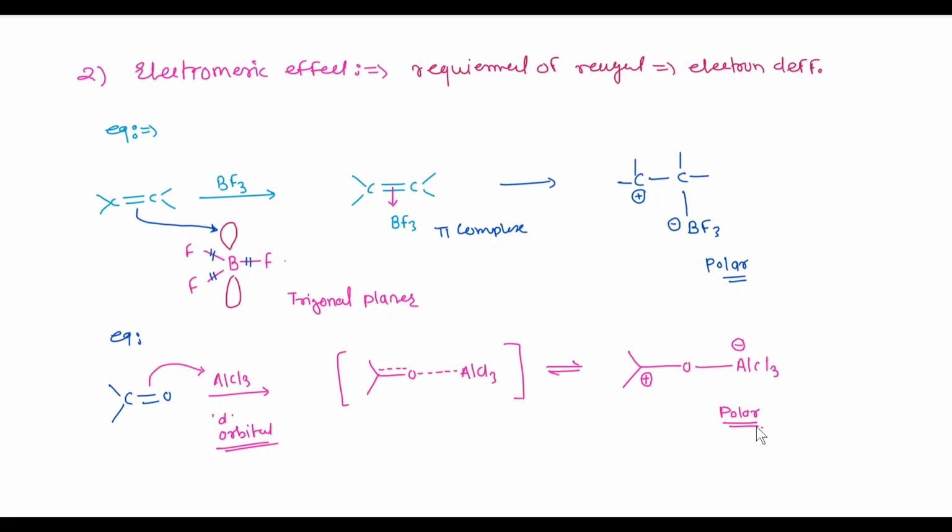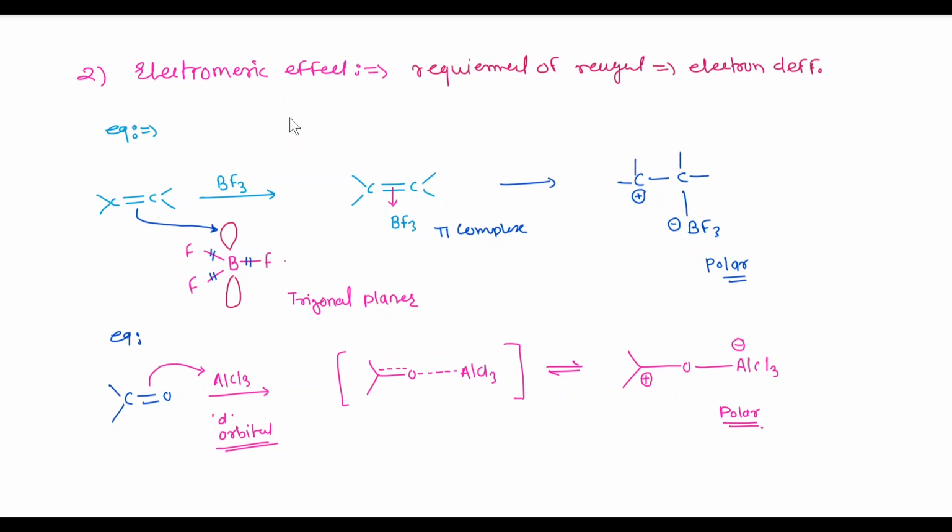That means sometimes the reagent is responsible for inducing polarity in non-polar bonds. It may be multiple bonds or single bonds, or sometimes it enhances the polarity of some polar bonds, single or double.